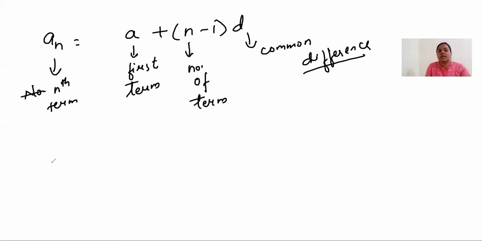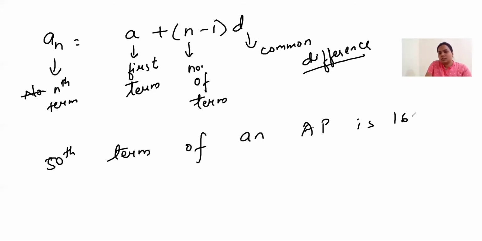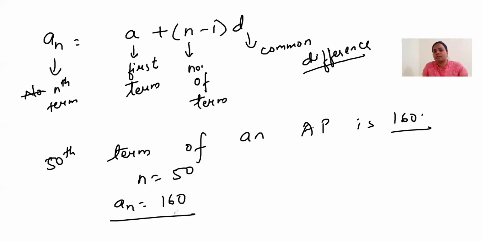Fine. If I say that the 50th term of an AP is 160, in this case n is 50 and a_n is 160.